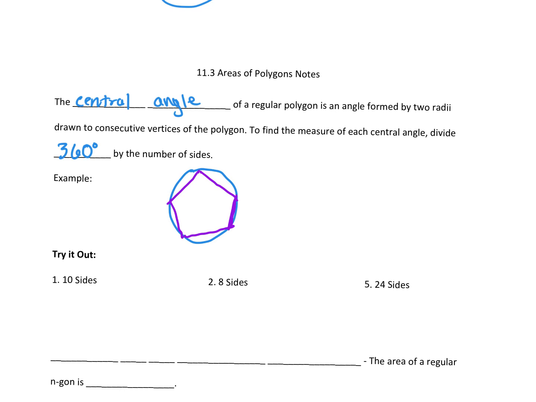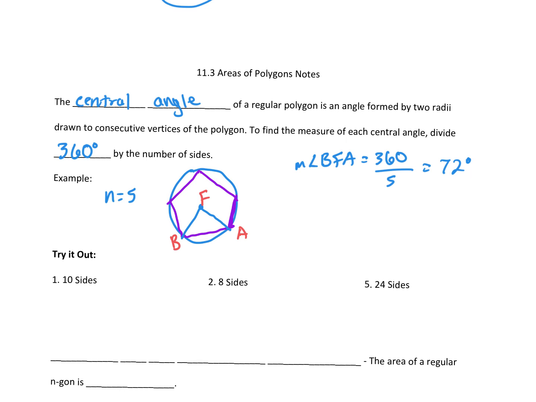So if this is the central angle here, and we call this BFA, measure angle BFA is 360 degrees divided by the number of sides. The number of sides is 5. So divide that by 5, we get 72 degrees per central angle.